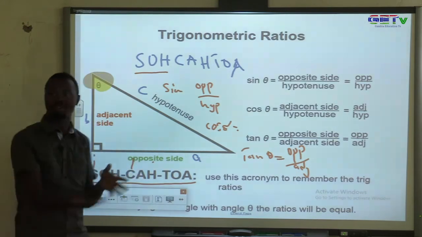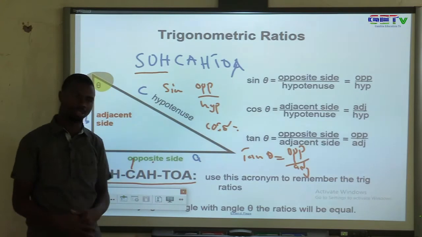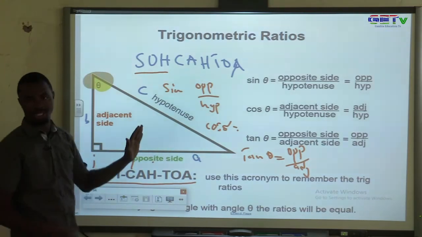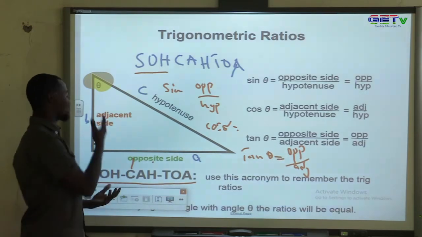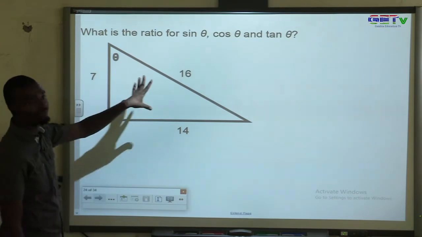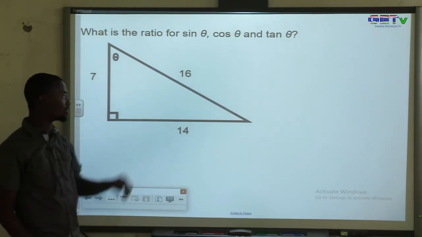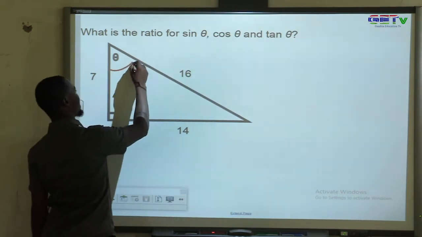And the sides of the right angle triangle, we know the longest side of the right angle triangle is the hypotenuse, and the side opposite the angle theta is the opposite, and the one adjacent theta is the adjacent. So we have to identify those things in the right angle triangle. First, we have our theta on the right angle triangle at this side here.